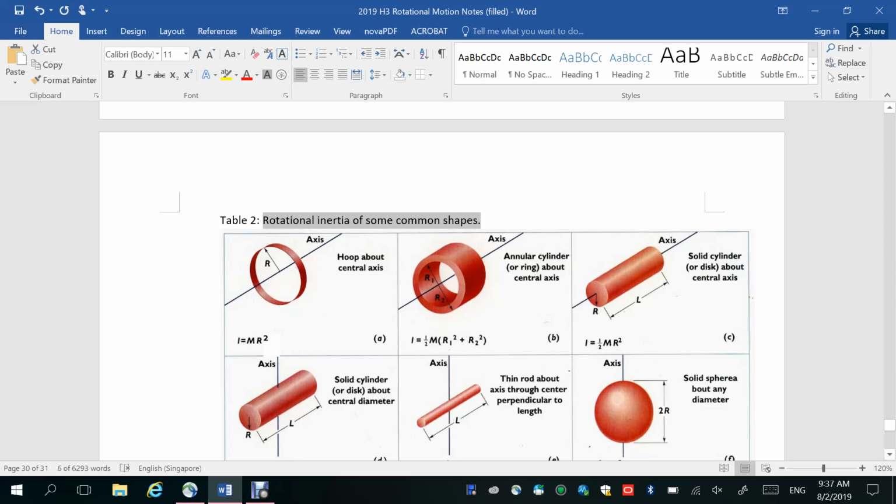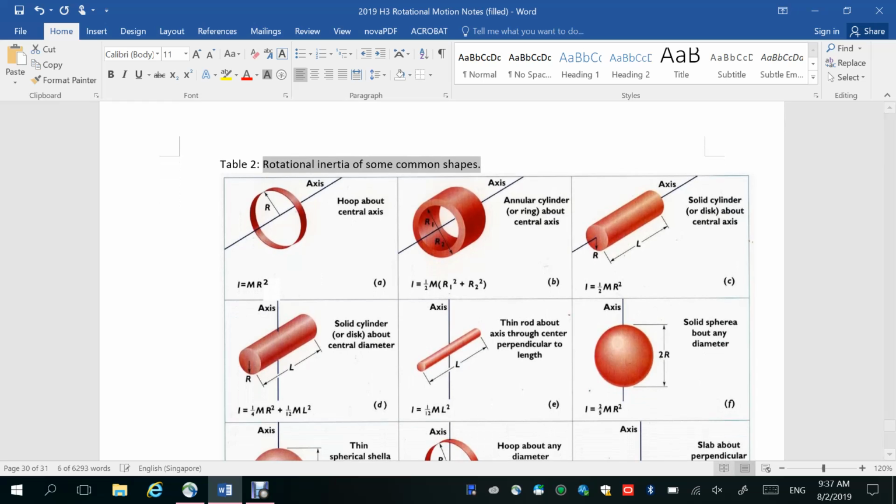Then you also have the annular cylinder. This one you're expected to know how to find the moment of inertia by integrating. The C, solid cylinder or disk, they have the same moment of inertia. This one you're also expected to know how to derive. Followed by that, in D we have the moment of inertia for a solid cylinder about the central diameter.